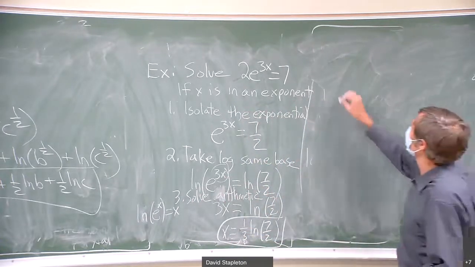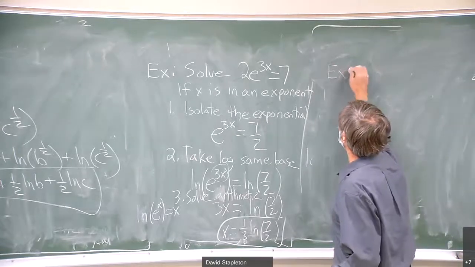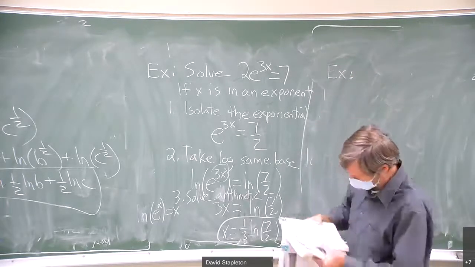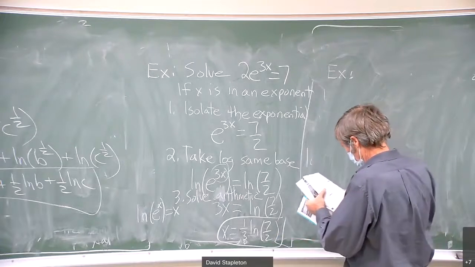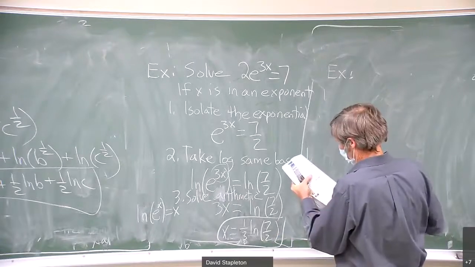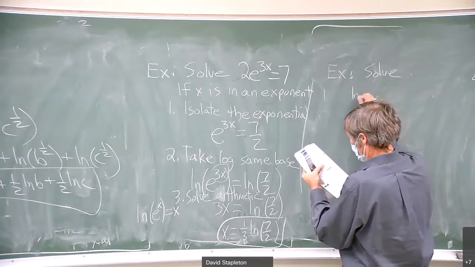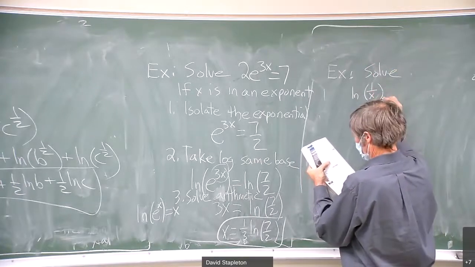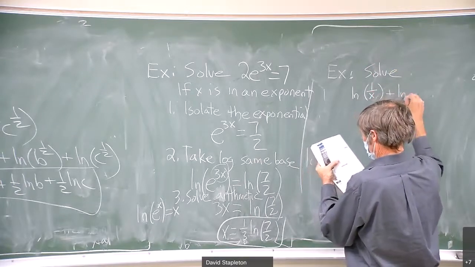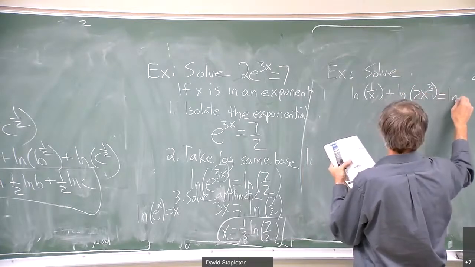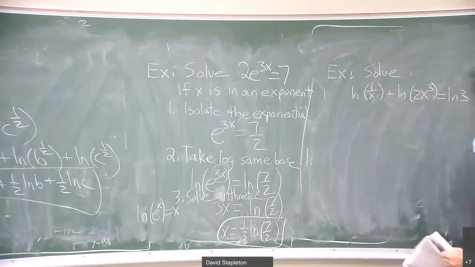And then finally, what if x is in a logarithm? Here's an example of a logarithm problem on the homework set. Suppose I wanted to solve this equation when x is in a logarithm: ln of 1/x plus ln of 2x cubed equals ln 3. How about that?